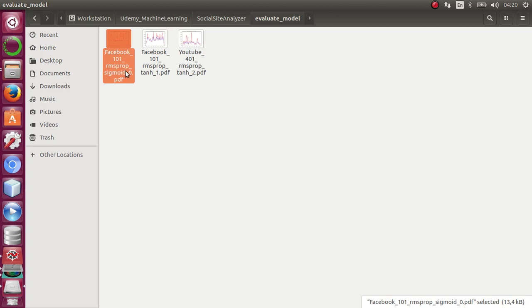RMSprop was the optimizer. Sigmoid was the activation function, and 0 is just a number, nothing related to the operation. So from the name you can figure out the kind of operation the dataset went through.